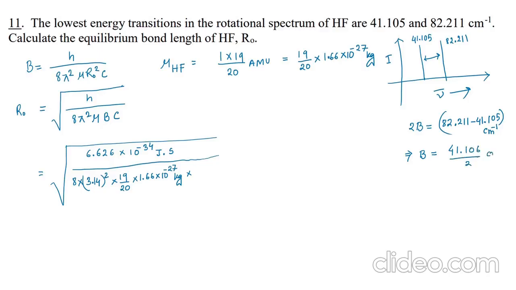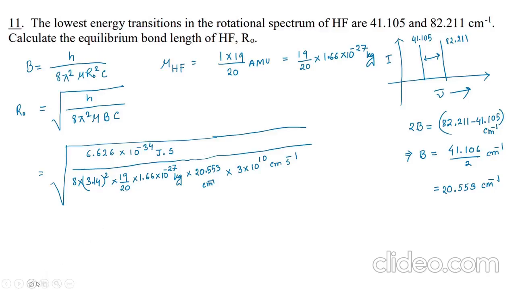So from there you are going to get your B value as 41.106 by 2 centimeter inverse, which is 20.553 centimeter inverse. So we will put this value here again, 20.553 centimeter inverse, and we still have to write c in centimeter per second unit.